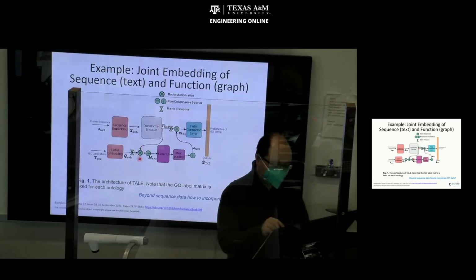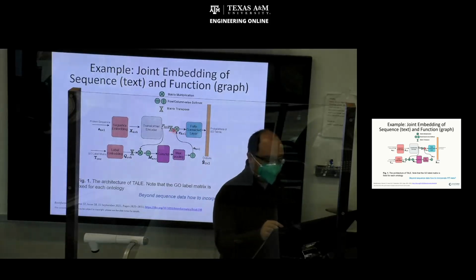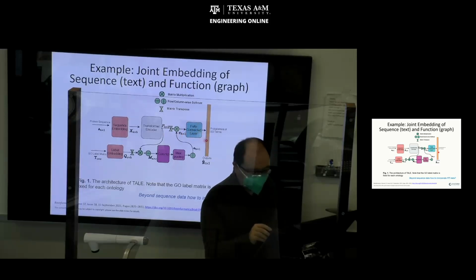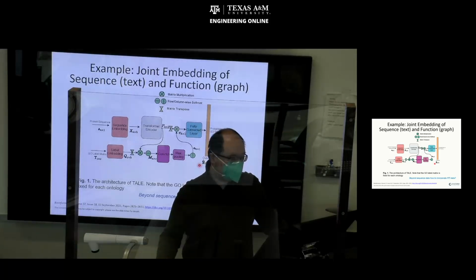So that after embedding, they're close to each other with some proximity. And then with this learned embedding, you can do this prediction using fully connected layers for the probabilities of the GO terms, right? So this is just for individual protein functions.